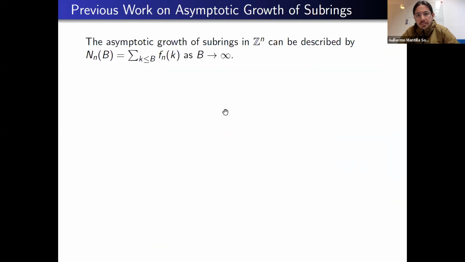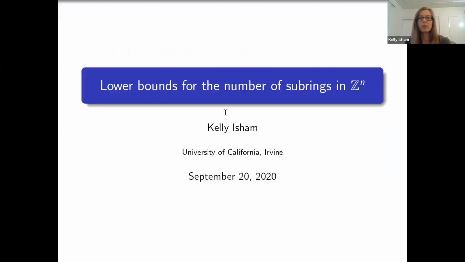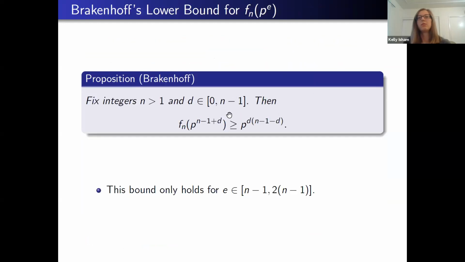But if we quickly go back to Brackenhoff's bound here, this actually holds for any subring in the ring of integers of any number field. So we've also studied expanding this bound. The problem is the bound you get is a little more complicated, so it's harder to study the series you get in the end.